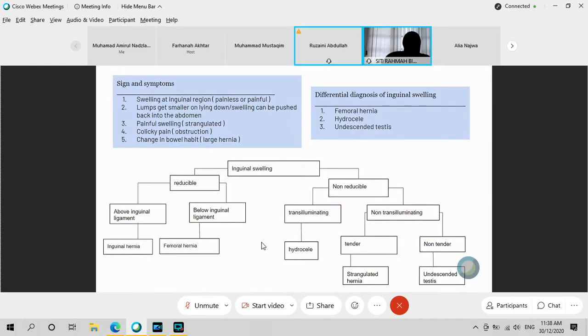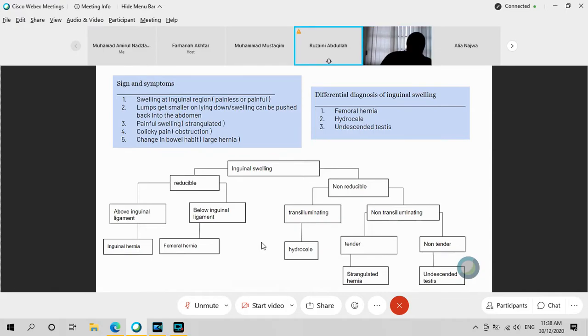Okay, so these are the signs and symptoms of inguinal hernia. If the patient comes to you, they will present with swelling at the inguinal region, and the swelling can be painless or painful. In general, all types of hernia are painless unless they develop complications, so it might be painful.